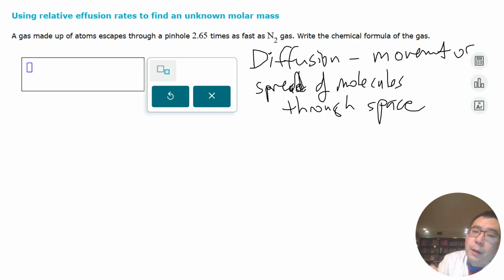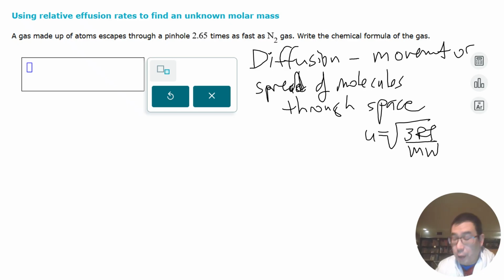So diffusion, or the rate at which gases diffuse, is related to this, right? Related to speed equals the square root of 3RT over molecular weight. We're not going to think about T right now, although as T goes up, the rate of diffusion goes up. What about molecular weight?